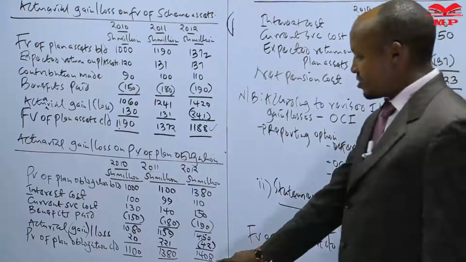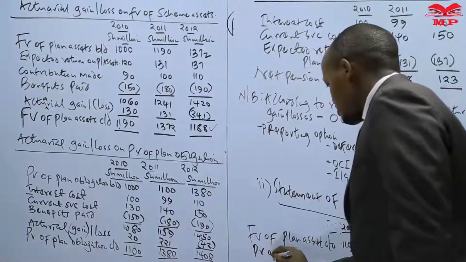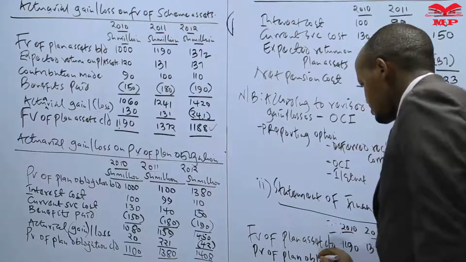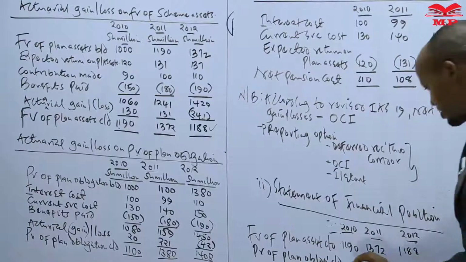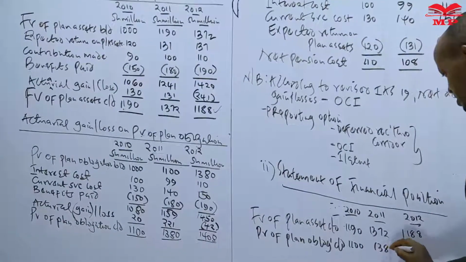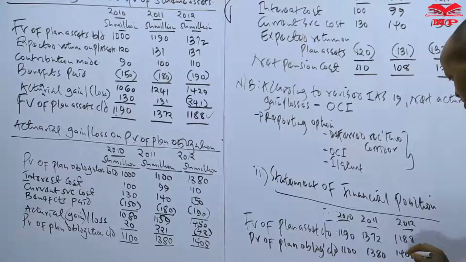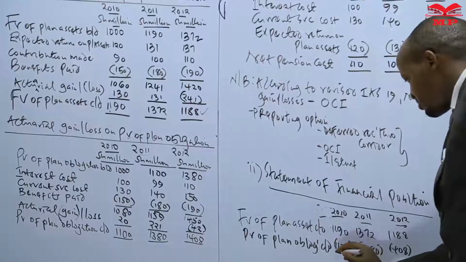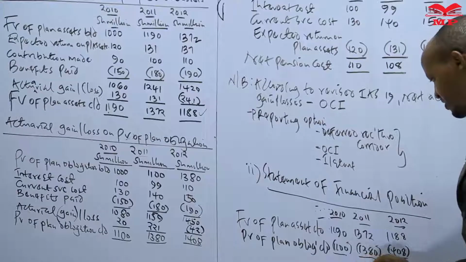Then we compare that with the present value of the plan obligation, still at the end of the year. We have 1100, we have 1380, and then we have 1408.